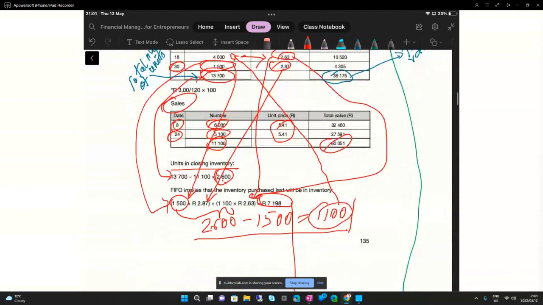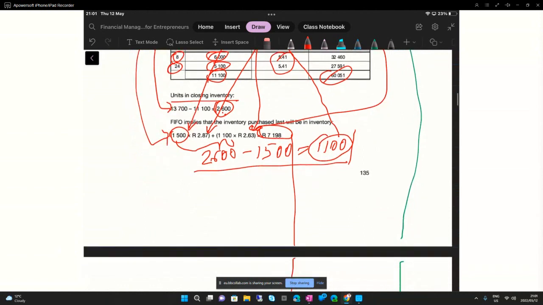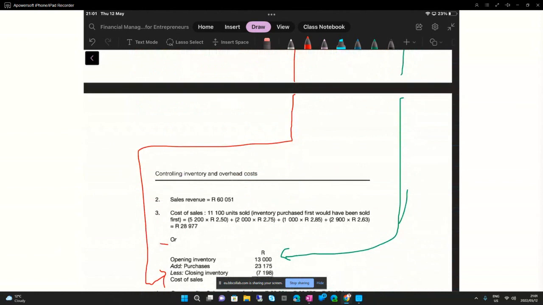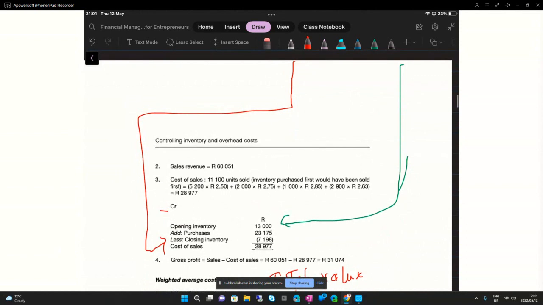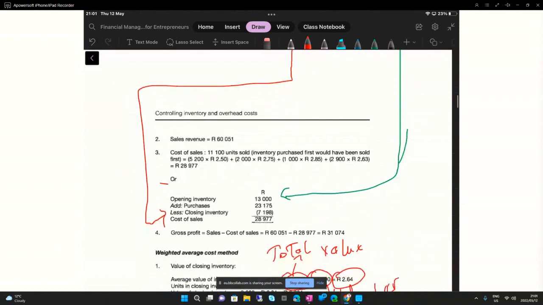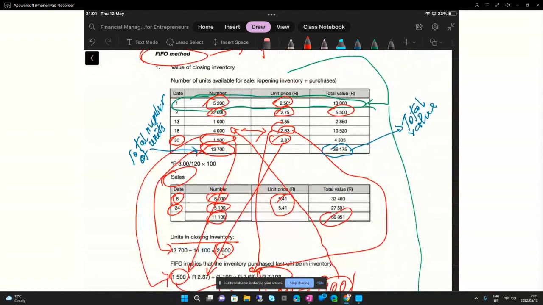All right, so this was the question because we want to find the value of the closing inventory. So we know how many units the closing inventory is, 2,600, and we know what the value of it is in terms of rand. This is quite a good formula as well, because when you look at how you can find the cost of sale within the perpetual, you take the opening.